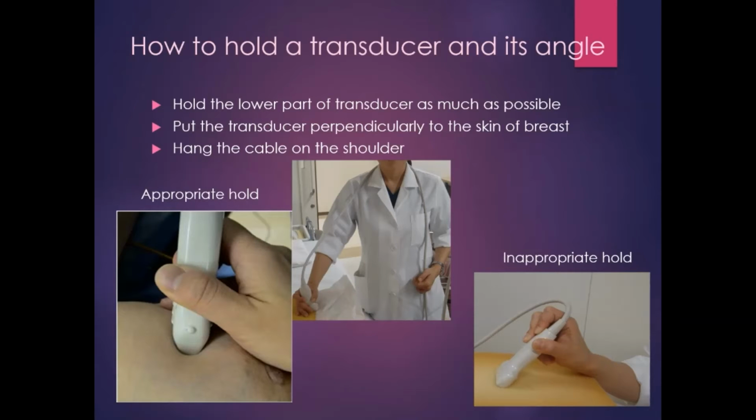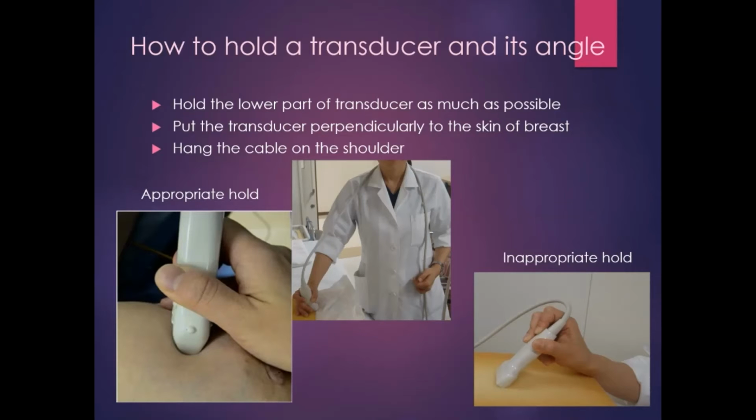When you hold the transducer, hold the lower part as much as possible and keep it perpendicular to the skin of the patient's breast. The weight of the cable can be relieved by hanging it on your shoulder, and it gets easier to move the transducer.